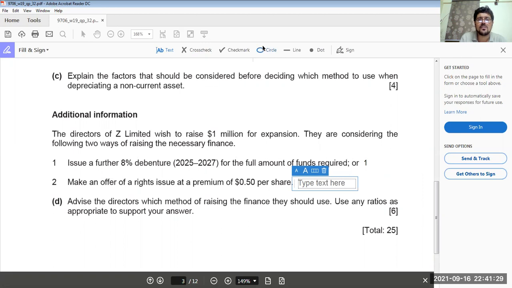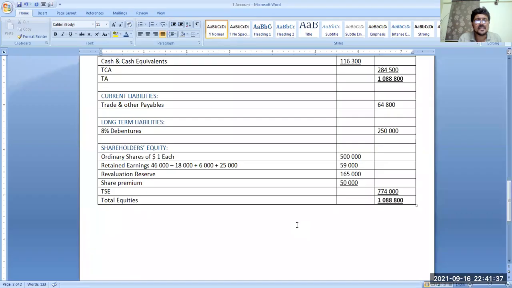Now come to the income statement. See, capital employed now is how much? 774,000 plus long-term liabilities, $250,000.